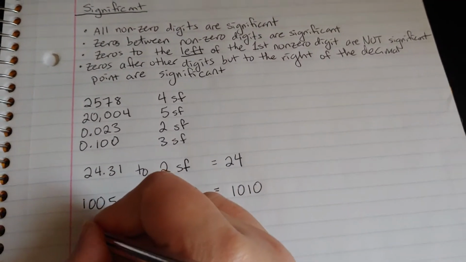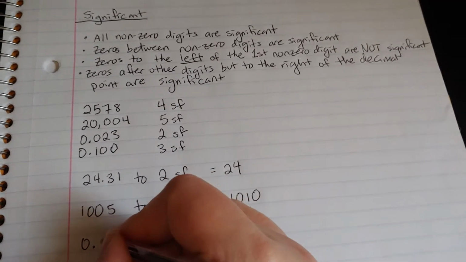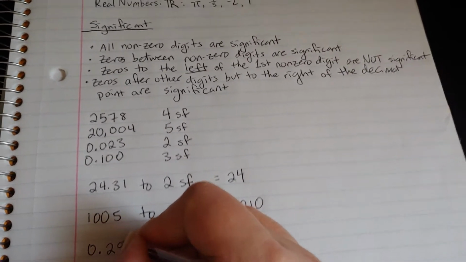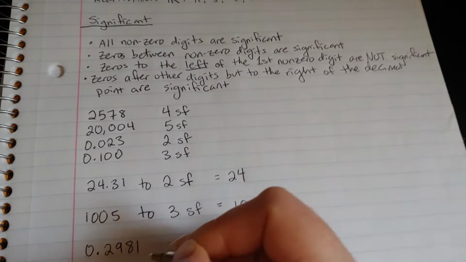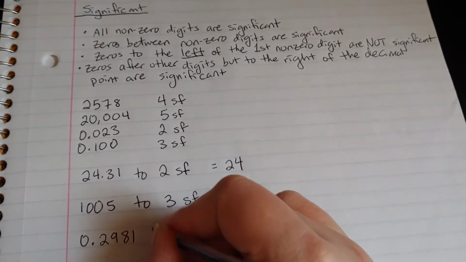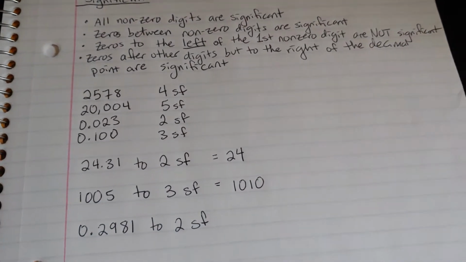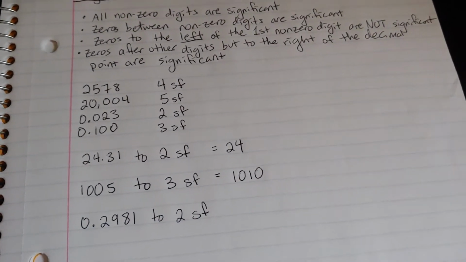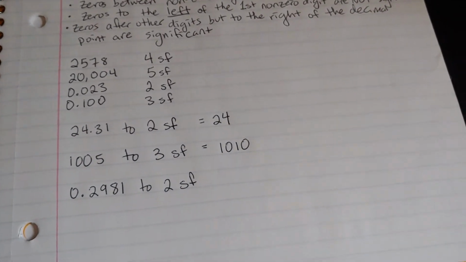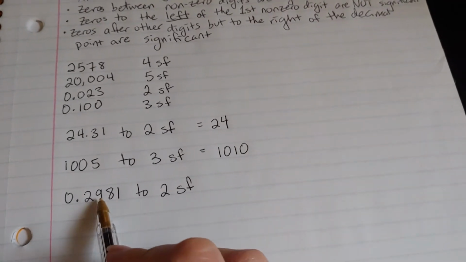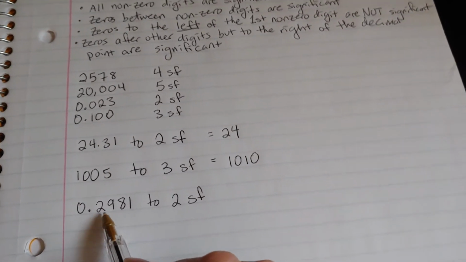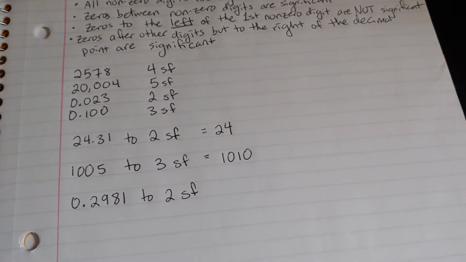Finally, let's write 2,981 10,000ths to 2 sig figs. So I'm going to have to round this to the hundredth so that I've only got 2 spaces behind the decimal.